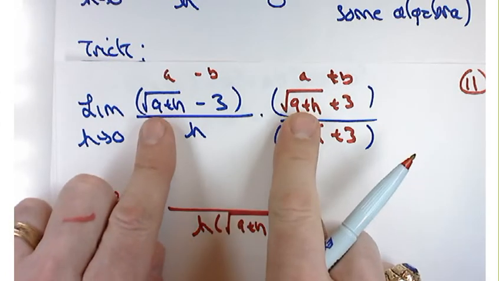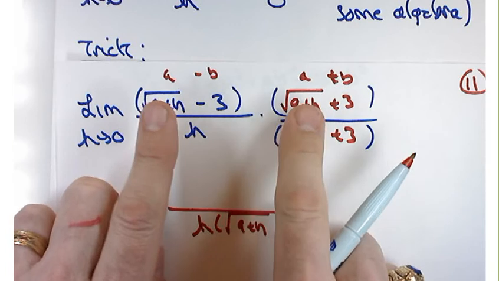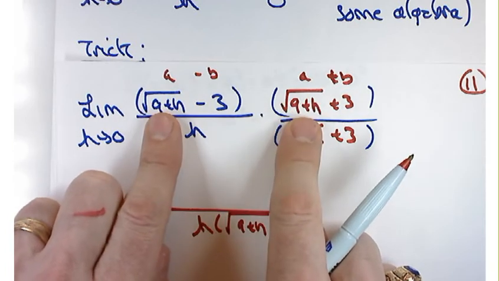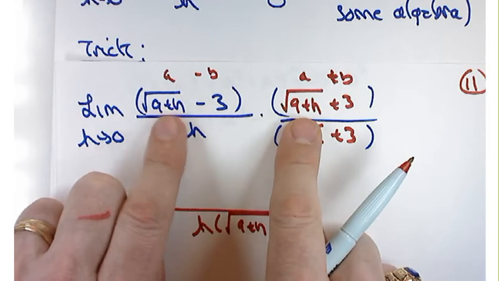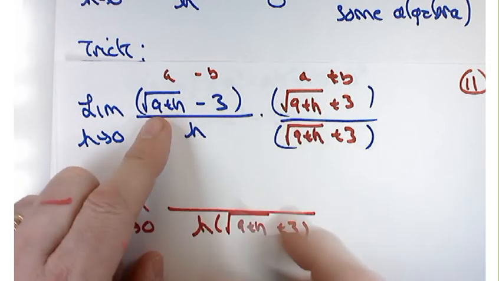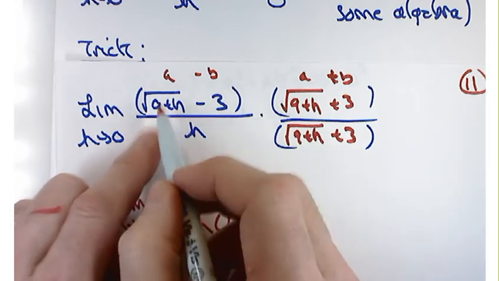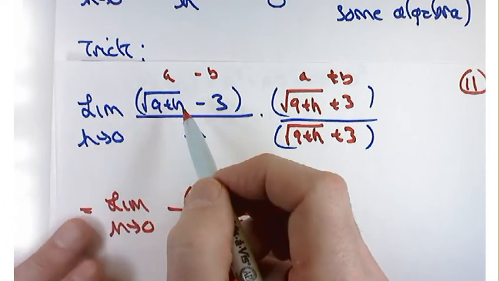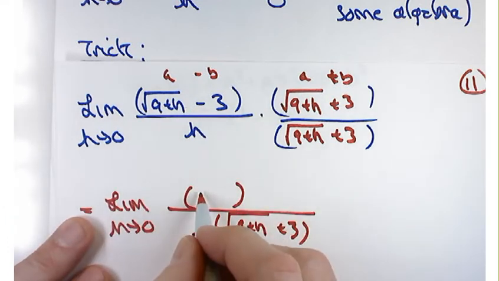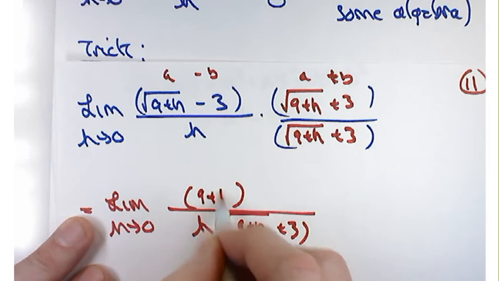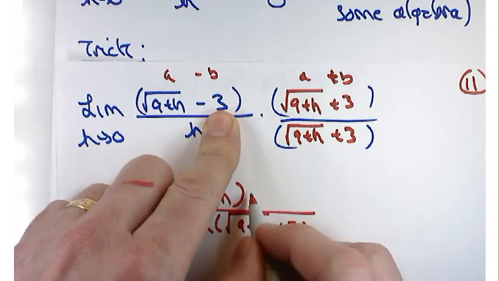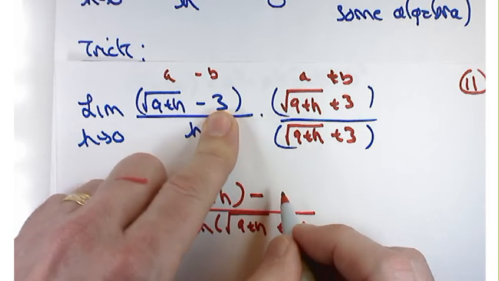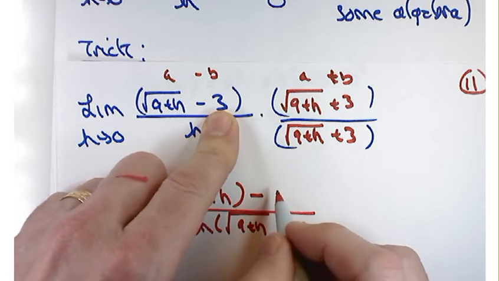So I'm just going to leave that there for the moment. But in the numerator, let's see what happens. I'm going to get a squared minus b squared. So what's it look like when I square a, this expression? What would I get? When you square the square root, what happens? It cancels, right? So I'll get 9 plus h. What do I get when I square the 3? Oh, come on. Come on. 9.